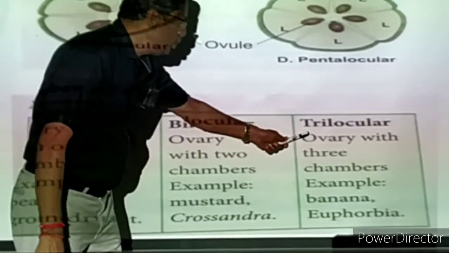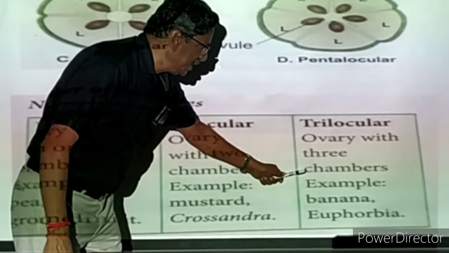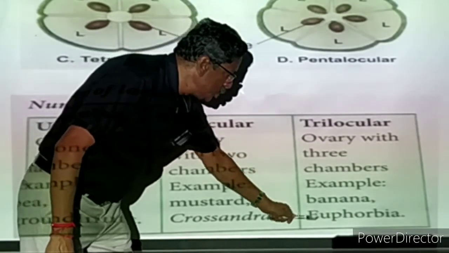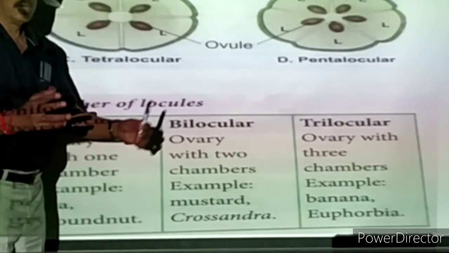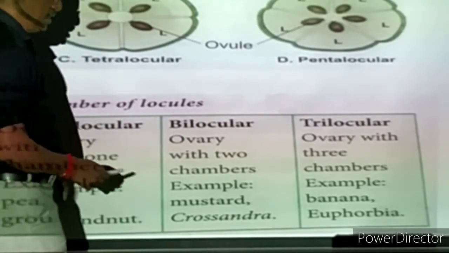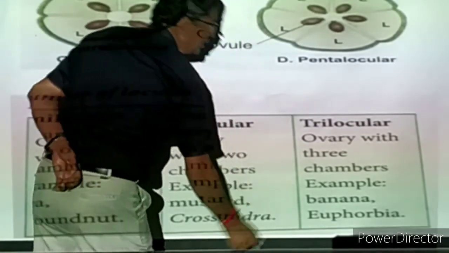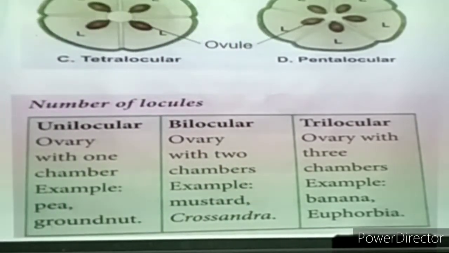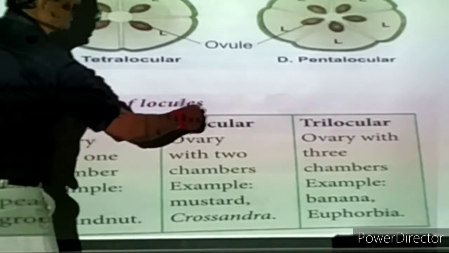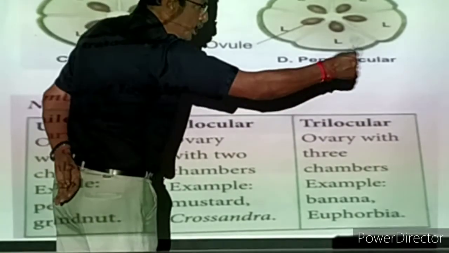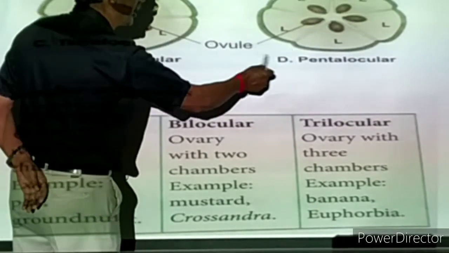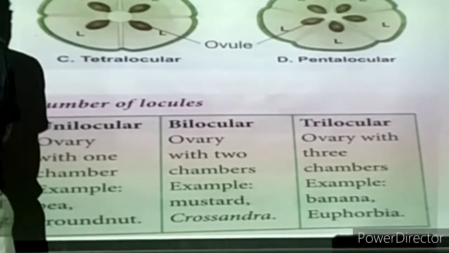Trilocular ovary: an ovary with three chambers or three cavities. Examples are banana and Euphorbia, one family, one group. All these have three locules. So unilocular, bilocular, trilocular, and it goes on like this: tetralocular, pentalocular, multilocular.